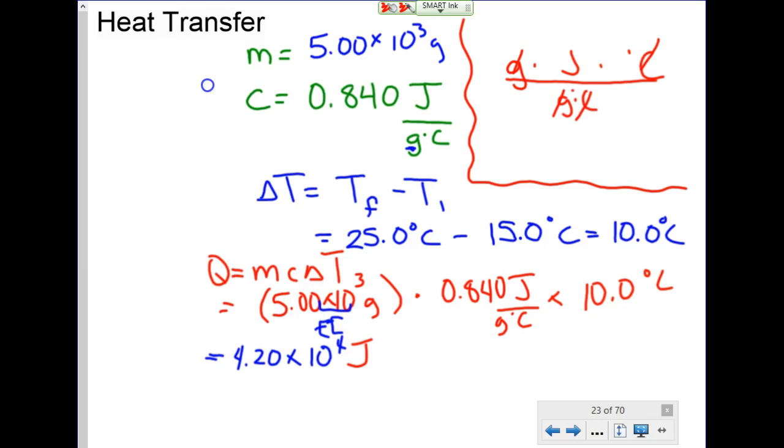If I have 4.20 times 10 exponent 4 joules, and I want to go into kilojoules, I need to come up with a conversion factor. This is the same style as what we did with mole ratios. This is the same style that you did with molar mass calculations in our last unit. It's what you need over what you have.